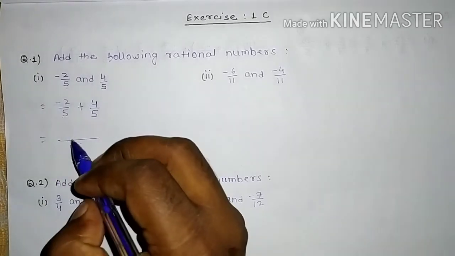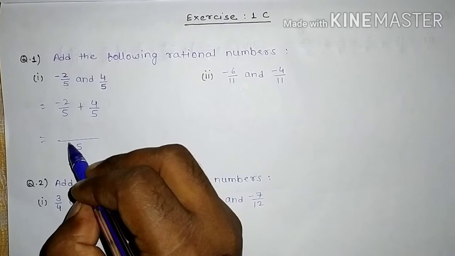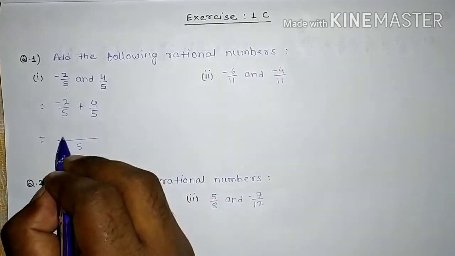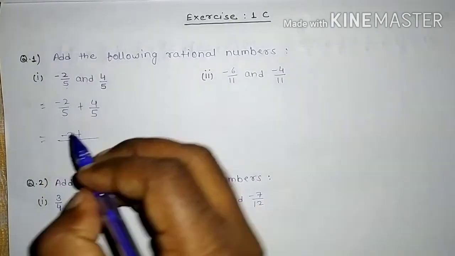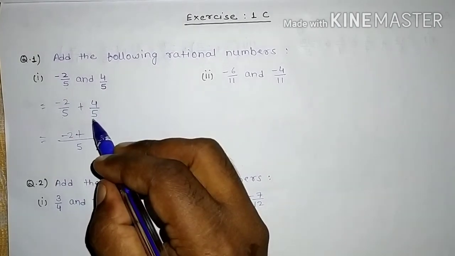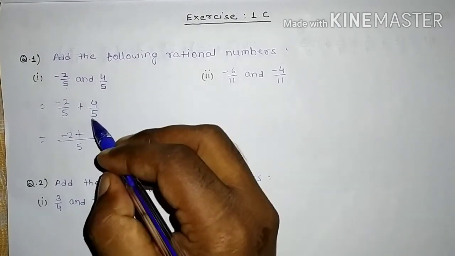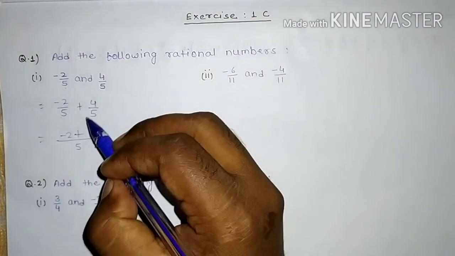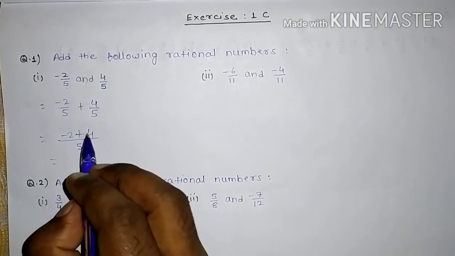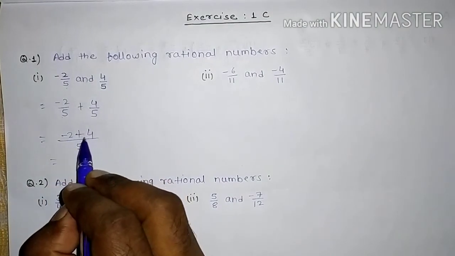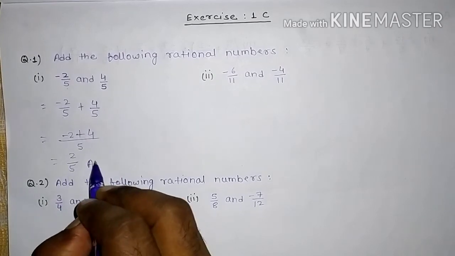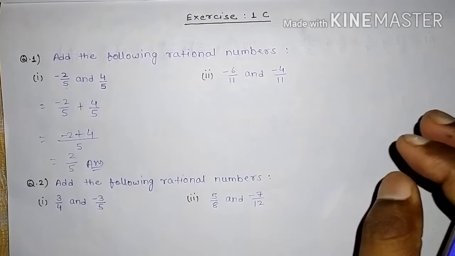So just divide 5 by 5, that is 1, and multiply it by -2, that is 1 into -2, that is -2, plus again same process, just divide 5 by 5, so it will be cancelled out, that is 1, and 1 multiply by 4, that is 4. So just write here 4. Again minus 2 plus 4, that becomes 2 upon 5. This is the answer. And it's very simple.